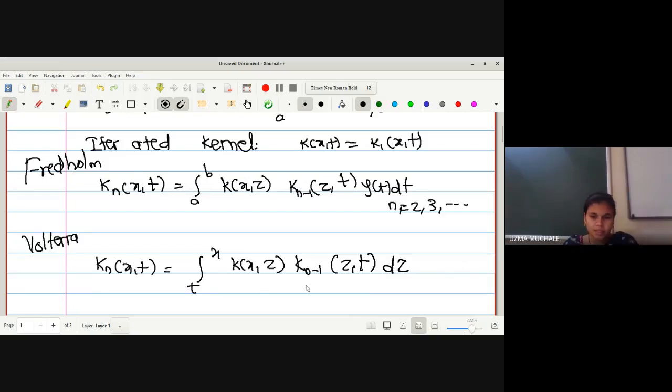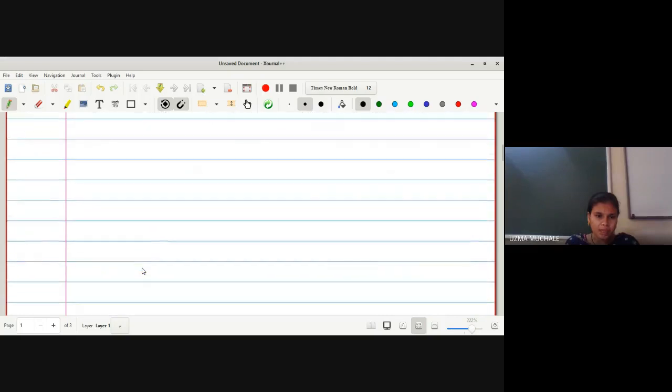So this is a formula for an iterated kernel, but it is for the Volterra integral equation. After putting in these values, we will get the iterated kernel, and while solving the examples, you will come to know how you are going to find those kn of xt.